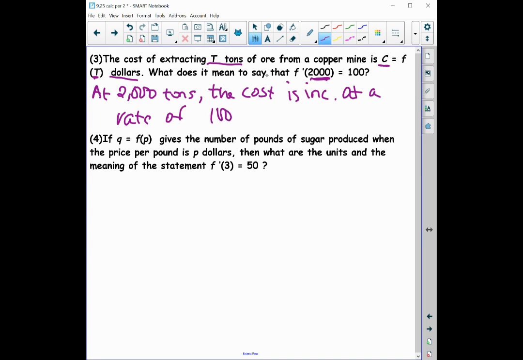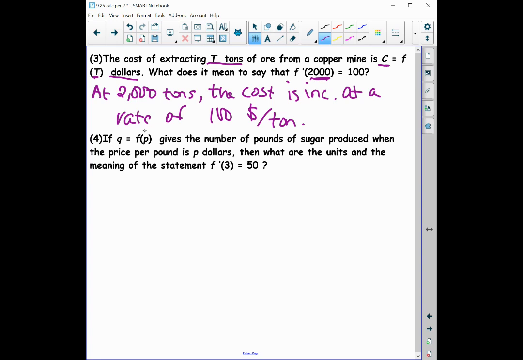And then my units: C is cost measured in dollars, so it's going to be dollars per, my T is ton, so dollars per ton. And that's really the way to do it every single time and get full credit.